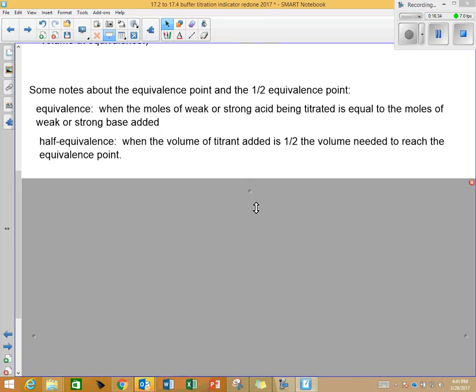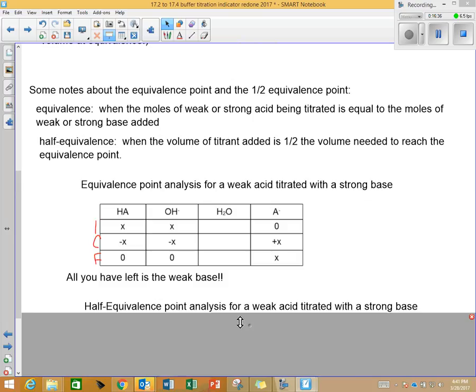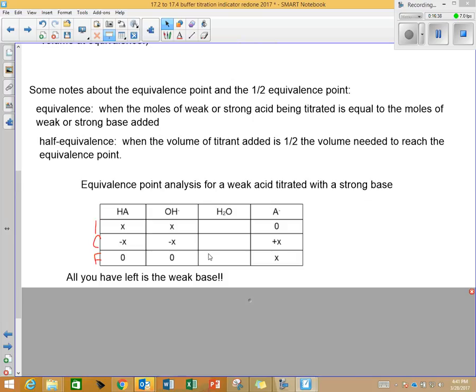So first let's look at the equivalence point. Here I filled in all the information. Equivalence is defined as the weak acid and the strong base, either way, you could have weak-strong or strong-weak. Equivalence means you have equal numbers of moles.